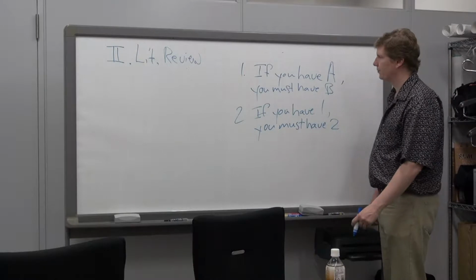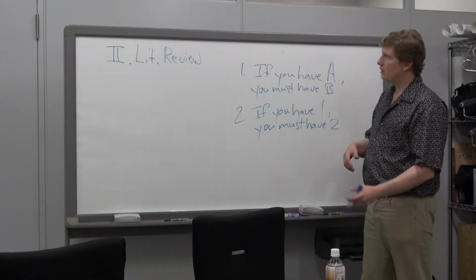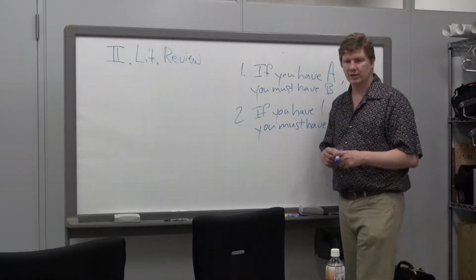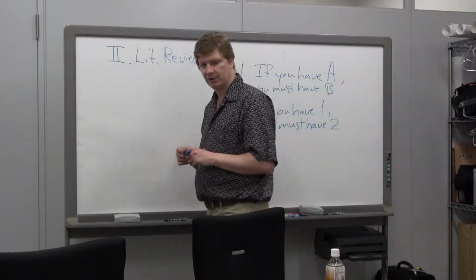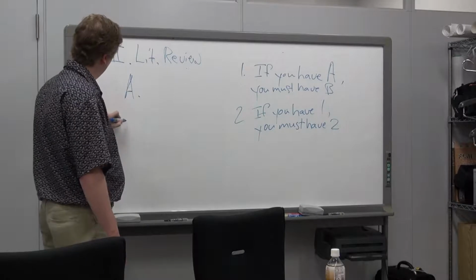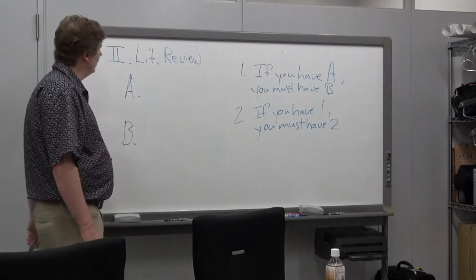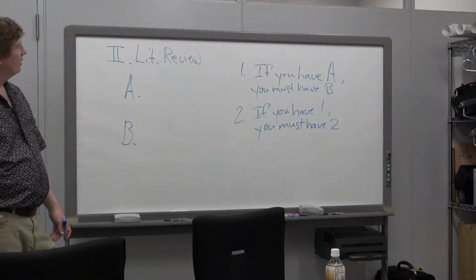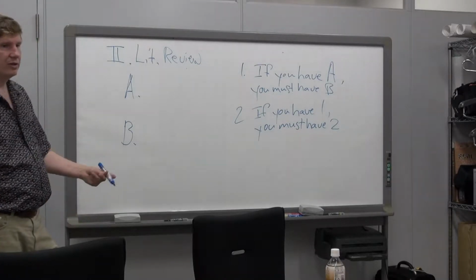Okay, good. So, we know from last week, from looking at the introduction, that we're going to have at least an A and a B. Might have a C, might have a D.